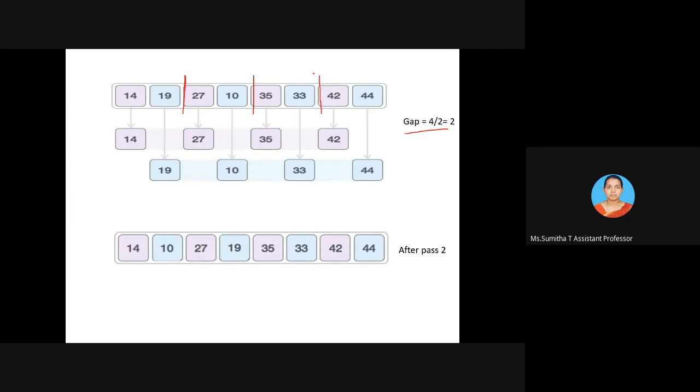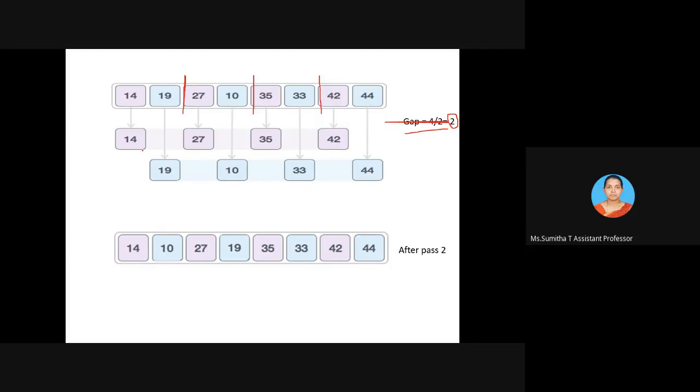Is it clear? Four parts means each part should have 2 elements. The gap is 2, so I divide the whole set into 2, 2, 2, like that. I take the first element of each part. Here the 14 is the first element, here 27, here 35, here 42.